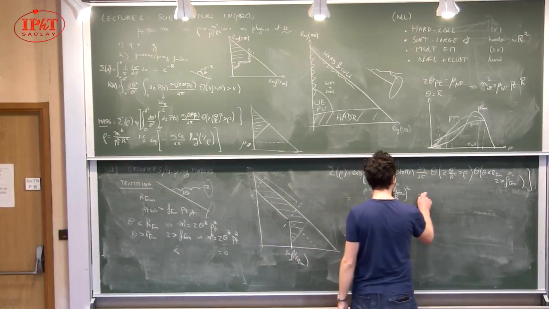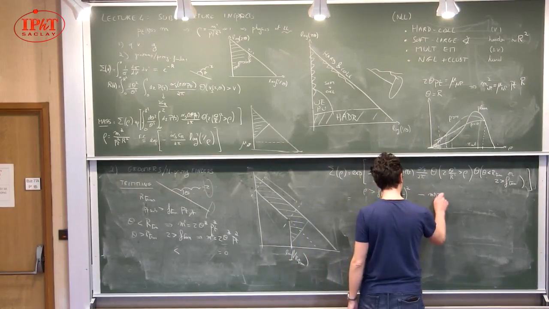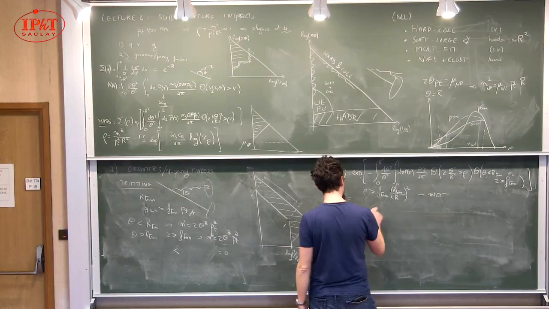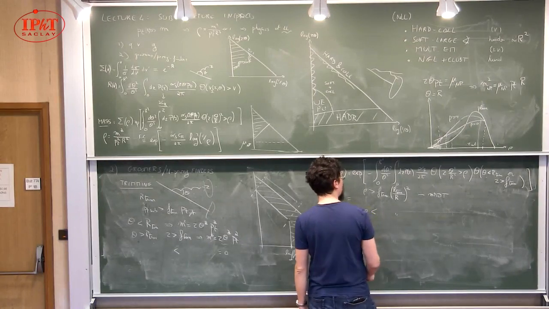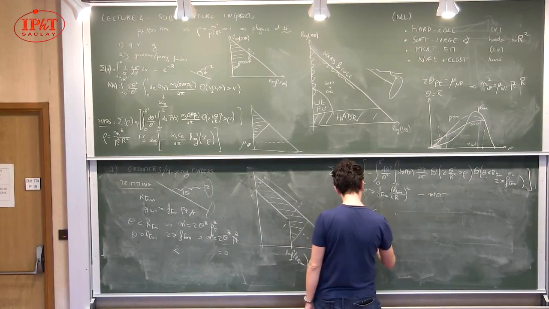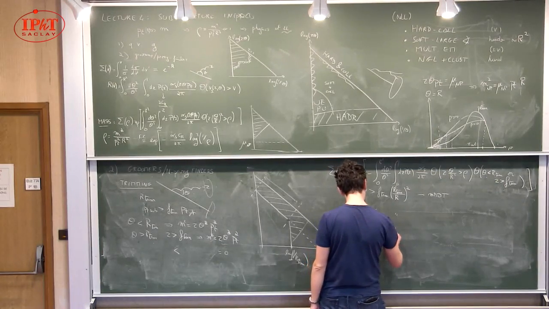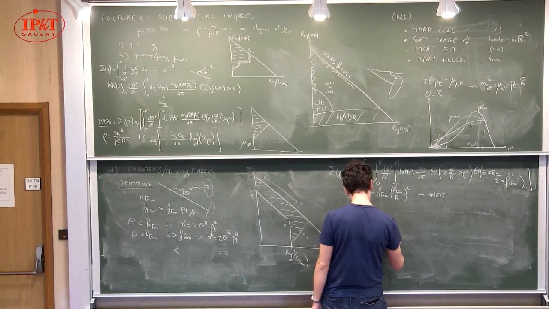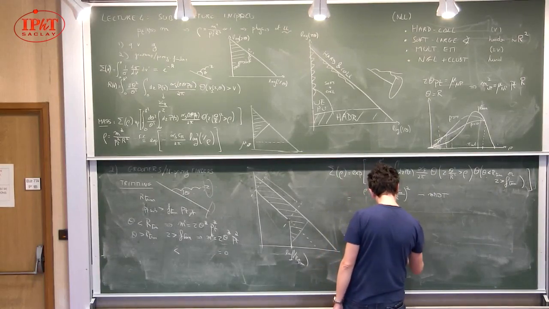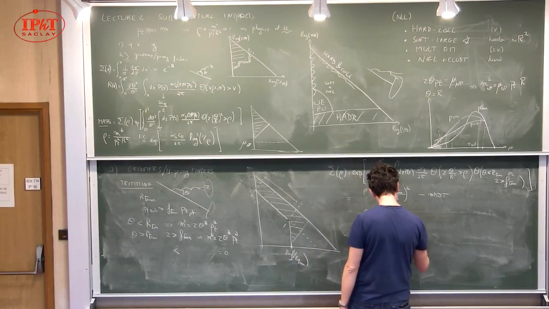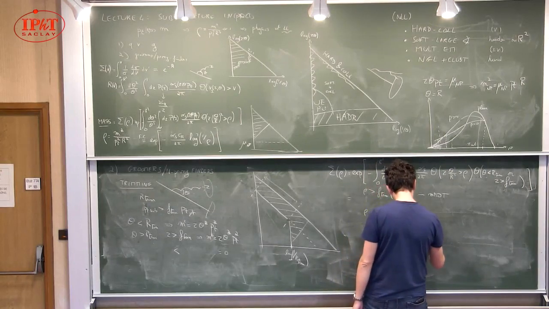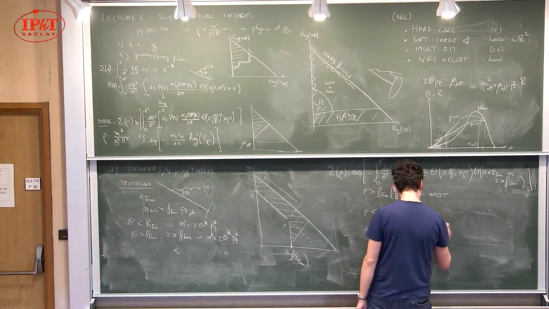For this region, you recover the same as modified mass drop. And for rho smaller than this value, what you get is exponential of minus alpha s C_R over 2 pi times log squared 1 over rho minus log squared f trim over rho.